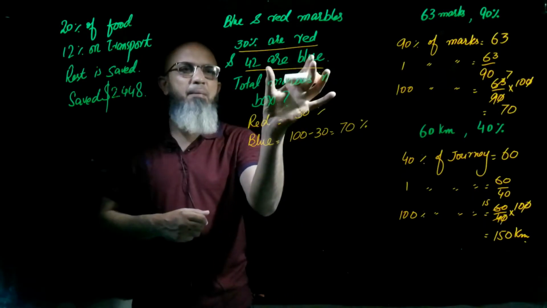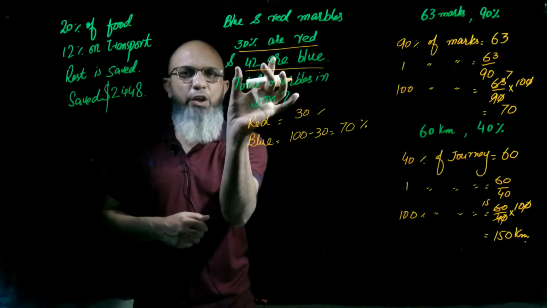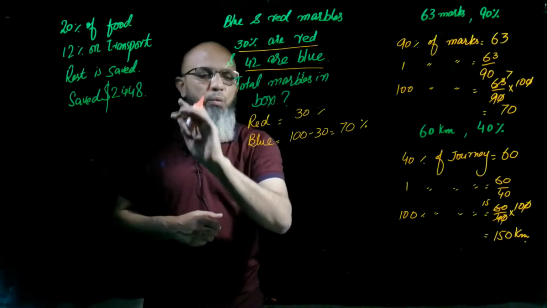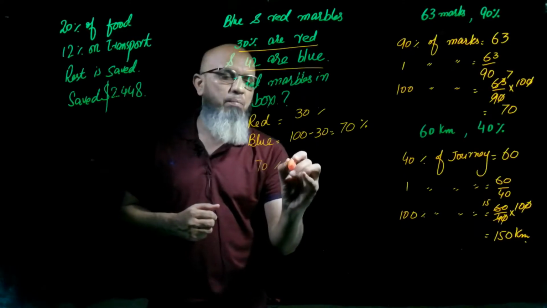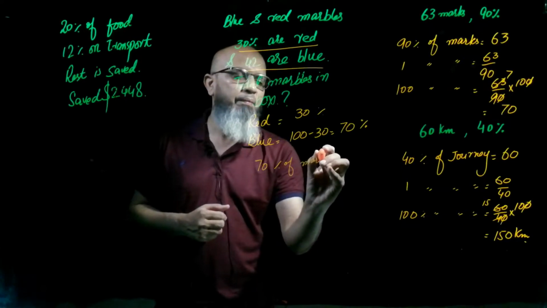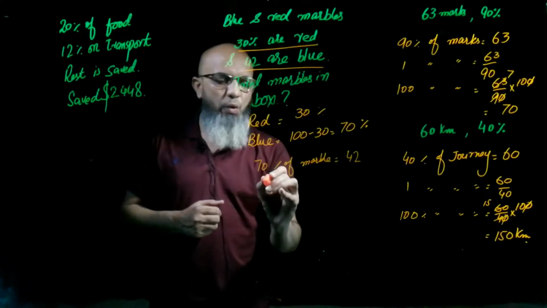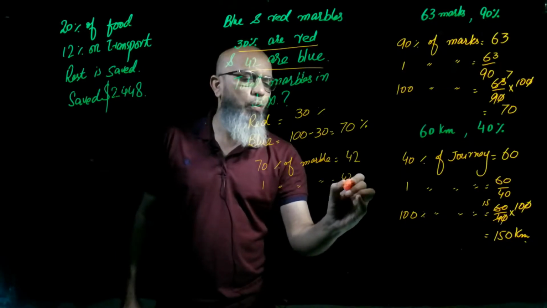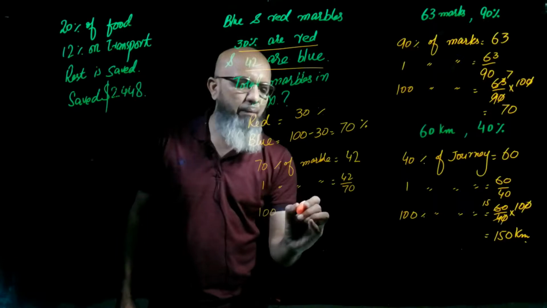70% of the marbles are blue. Now we have the quantity of blue marbles, that is 42, means 70% of our marbles are 42, right? Now it's very easy for you. 70% of marbles are 42. So what is 1% of marbles? That is 42 over 70. And what will be the 100% of the marbles?